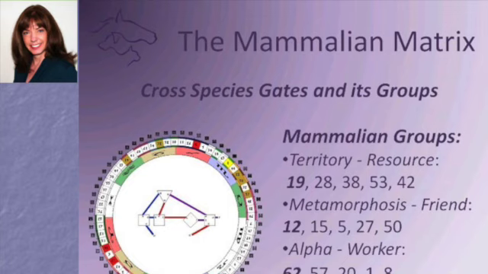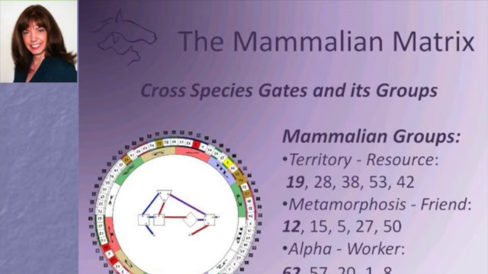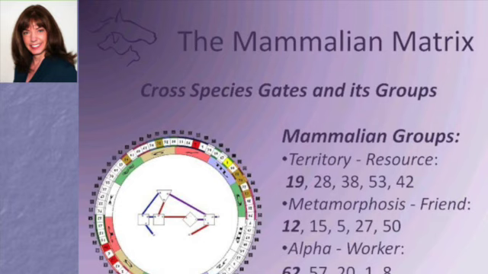So I have, for example, the 49th gate. And if I am around any kind of a pet that has the 19th gate, there's this automatic genetic relationship that kicks in. It's like there's this bargain that we have to have for it to be, I guess you could call it, a legitimate use of our energy.